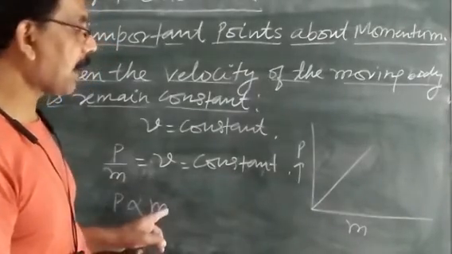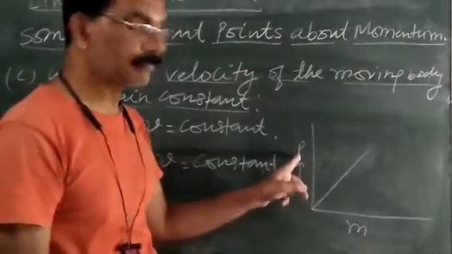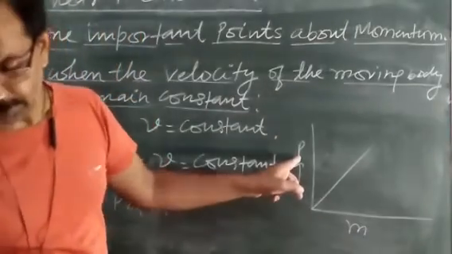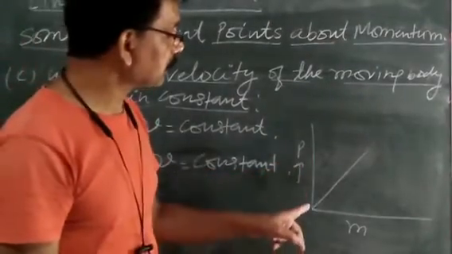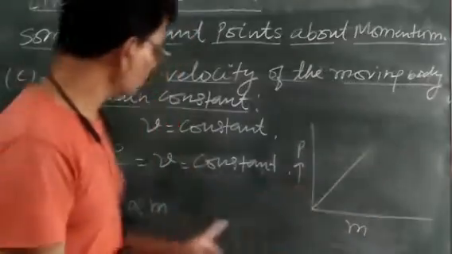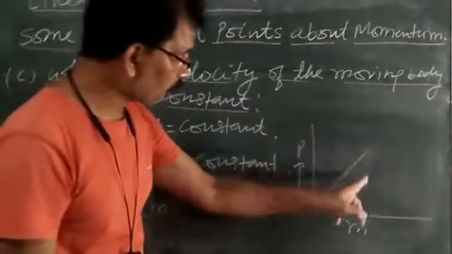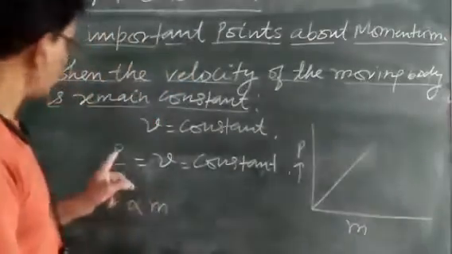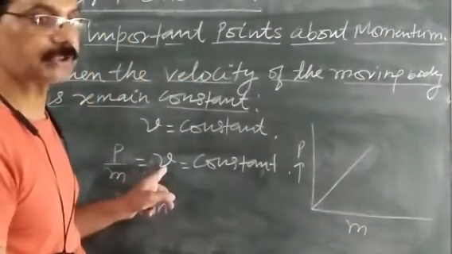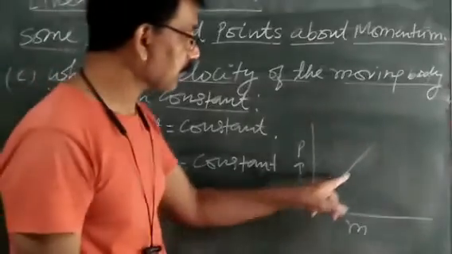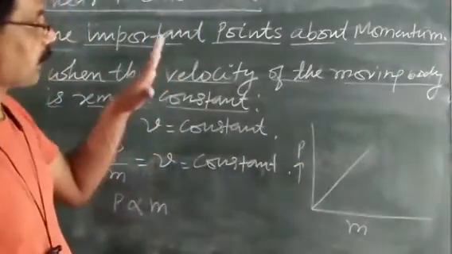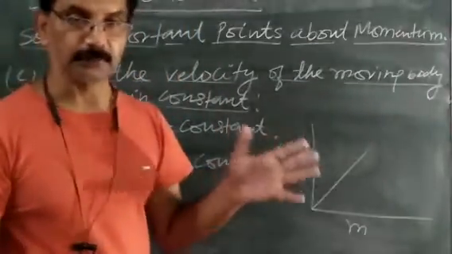It means when you draw a graph between mass and momentum, it becomes a straight line because this is directly proportional. And when you calculate the slope of this graph, P upon m, you will get the velocity v, and that velocity remains constant. So in this way you can draw the graph for the different cases.